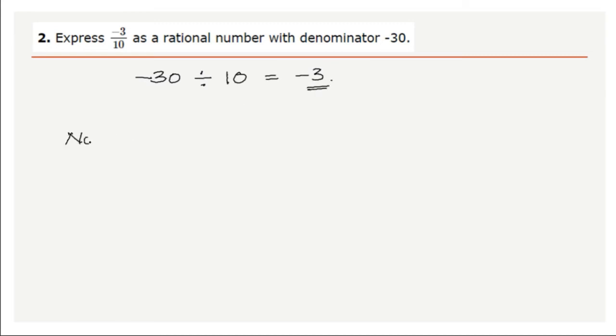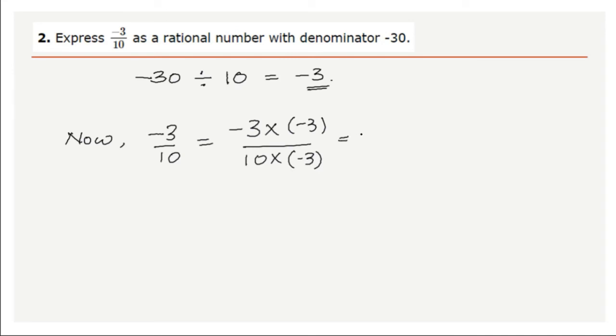Now for negative 3 by 10, we need to multiply both the numerator and the denominator with negative 3. So the number becomes positive 9 upon negative 30. So we have expressed negative 3 by 10 with the denominator negative 30.